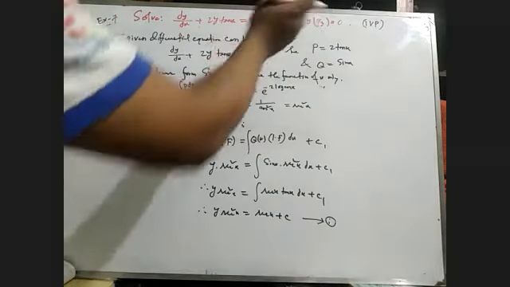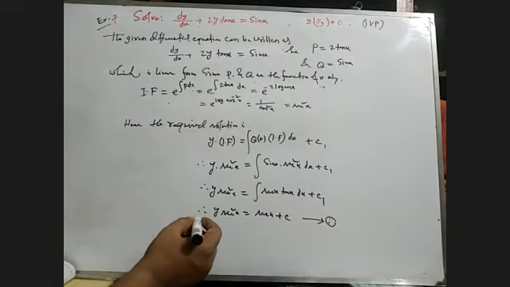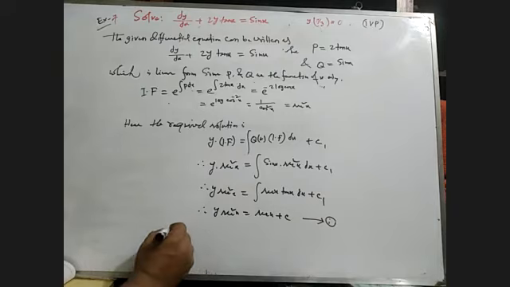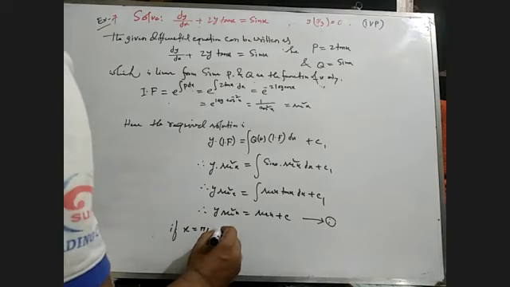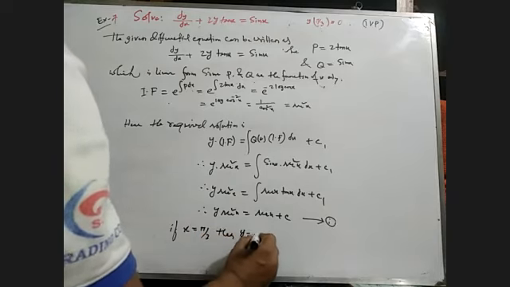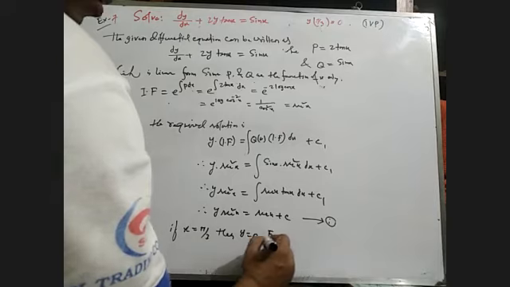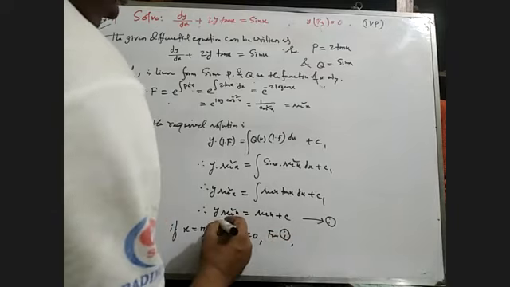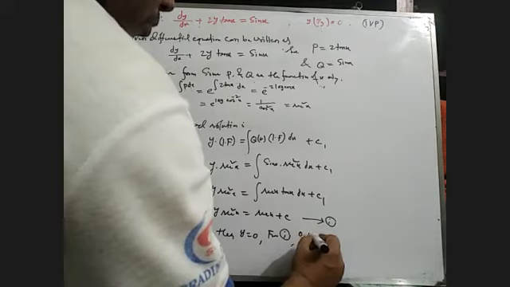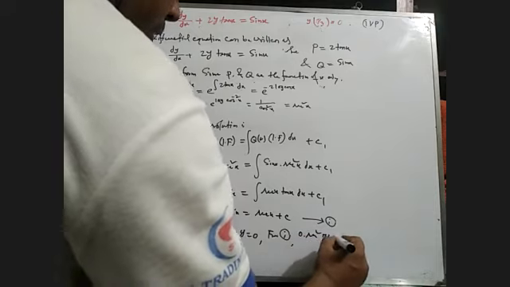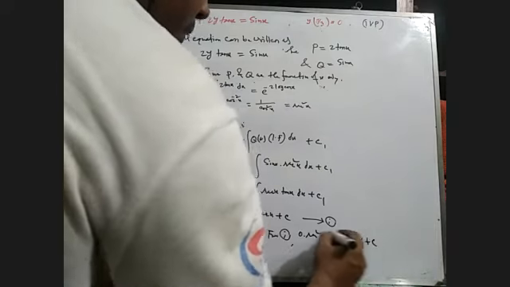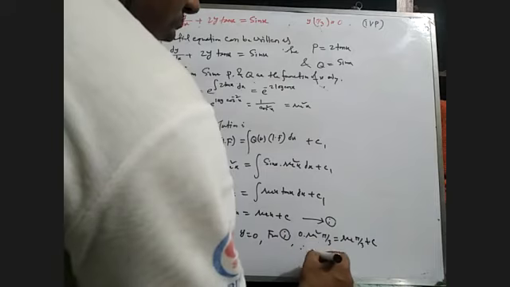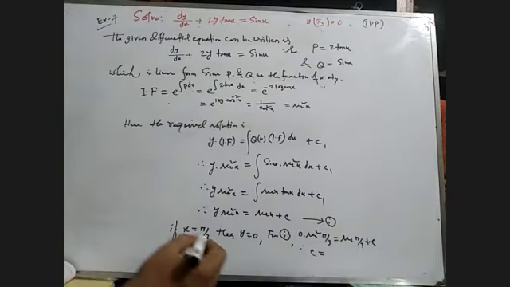Now we impose the given initial values. If x equals pi/3, pi/3 means 60 degrees, then y equals 0. So from equation 1, 0 times sec square pi/3 equals sec pi/3 plus c. Therefore c equals minus sec pi/3.